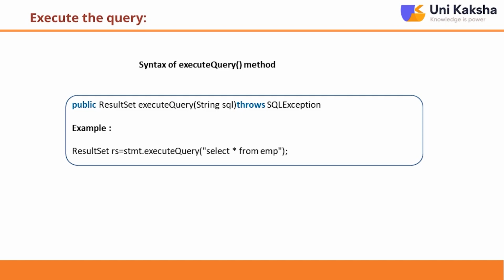This method returns the object of ResultSet that can be used to get all records of the table. In the example, I have written a query that is select * from EMP. Now EMP is the name of the table and select * from indicates that you are going to select all records from the EMP table by using the ResultSet object.